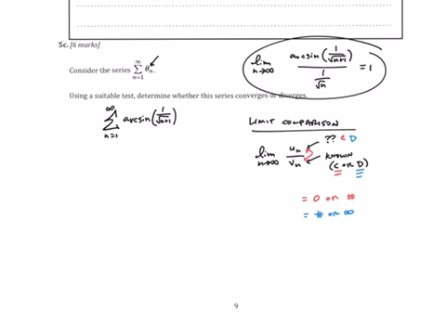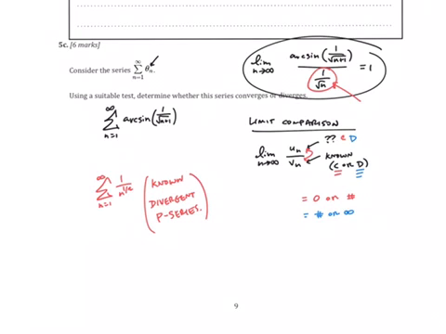Now I need to determine what I know here about this, because this is a known series, and this series, let's go n to the 1/2, right, is a known, pause the video if you need to think about it, but it is a known divergent p-series.